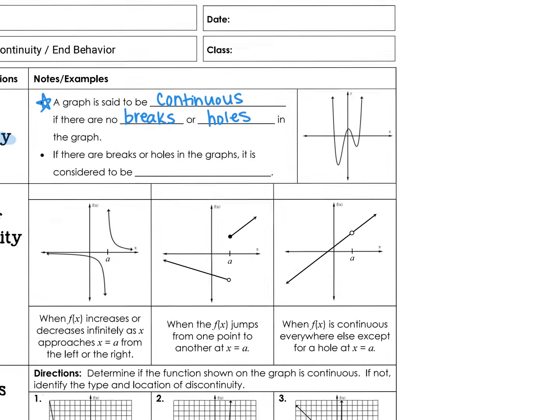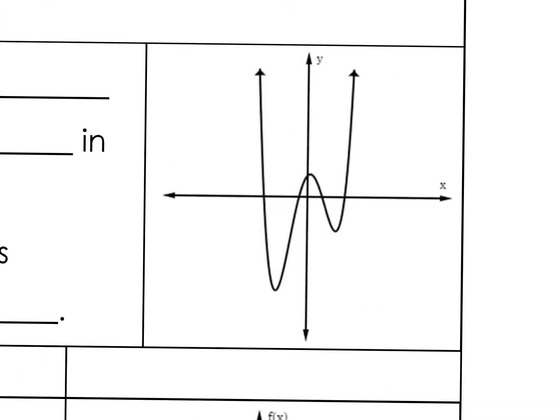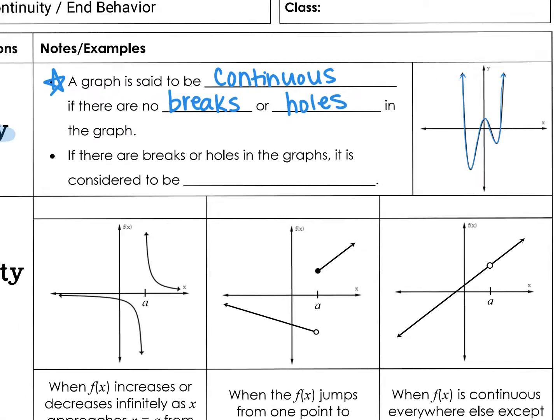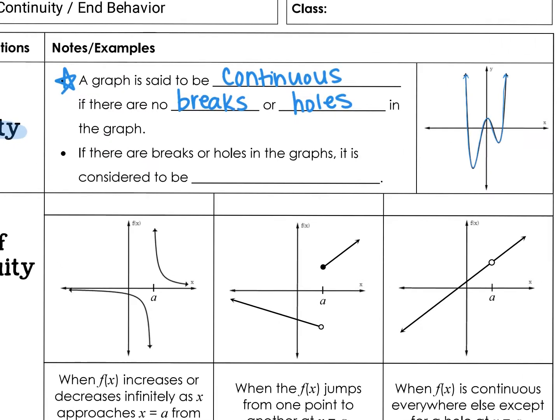So if we look over here at this beautiful graph on the right, as I go through this graph, I don't have any breaks, I don't have any holes. It's all one continuous curve, or set of curves, I should say. So this would be a continuous graph. If there are breaks or holes in the graph, it is considered to be discontinuous.